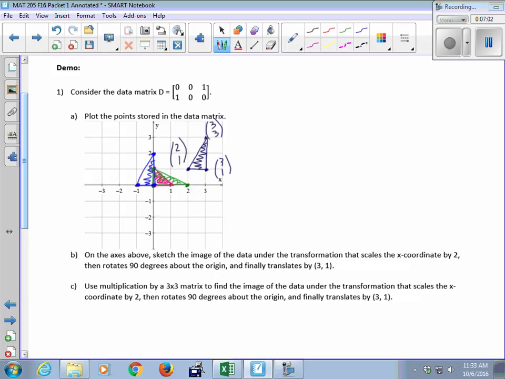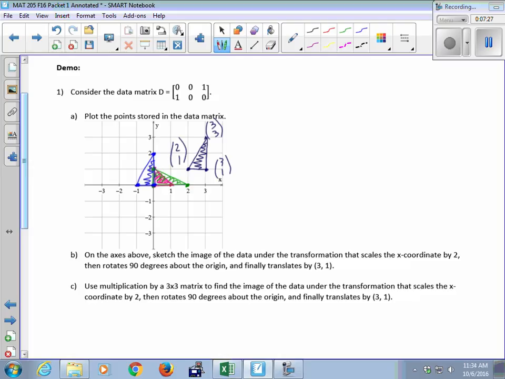Okay. So I'm going to show you how the matrix multiplication that we just talked about can produce these points. Our brains can easily visualize what we're talking about: stretch it, rotate it, move it. But if you want to have a computer do this, you have to tell it a really specific computation.